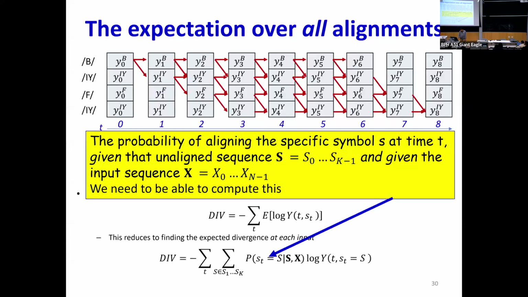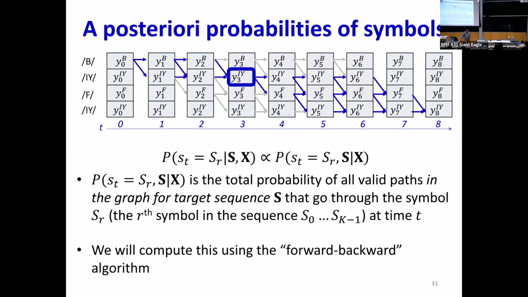And what exactly is that term? Now let me look at this graph again. So for this term over here, this probability is the probability that the third symbol, for example, it's the probability that the third input aligns to E, right? Yes, because the probabilities within the boxes have been computed by the network.